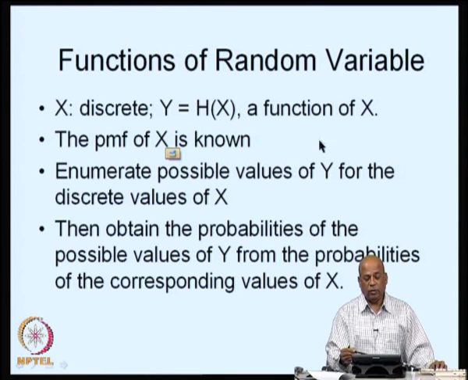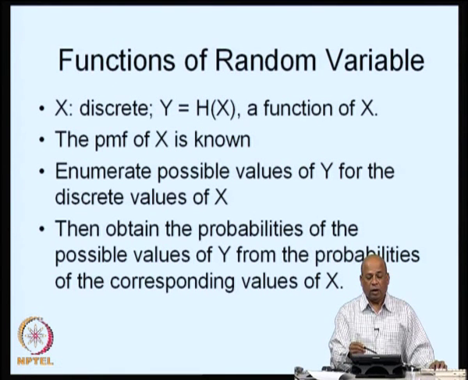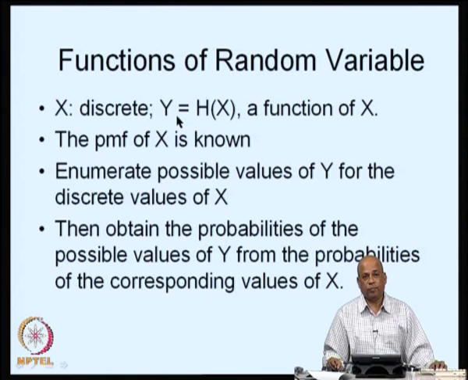So, in such a situation, associated with each discrete value of x, you obtain the discrete value of y, and then knowing the probability with which that particular discrete value of x occurs, the corresponding probabilities of y can be directly obtained.